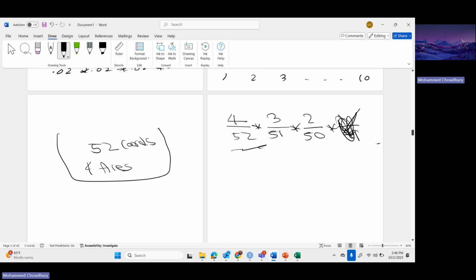If you buy one ticket, then your chance is 2%, right? And if you buy the second ticket, your chance will increase, right? If you buy the third ticket, your chance will increase. If you buy the fourth ticket, your chance will increase. That's why.